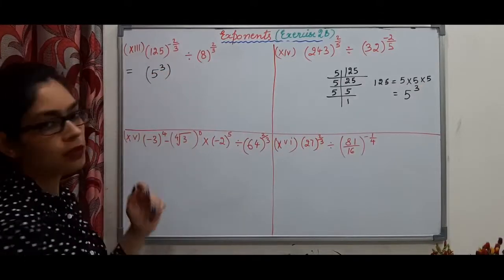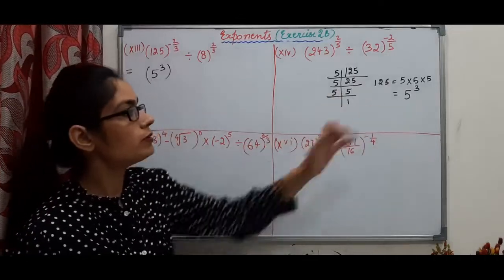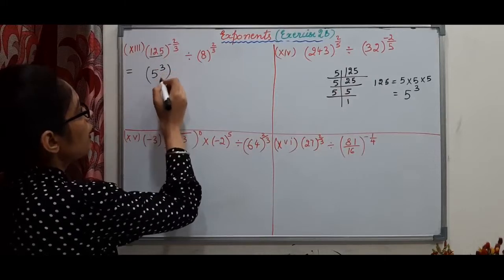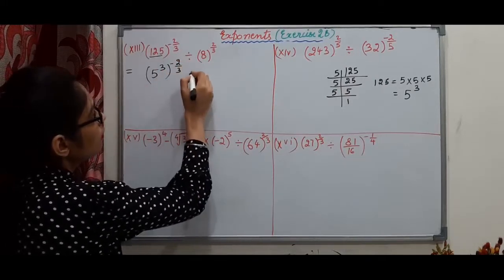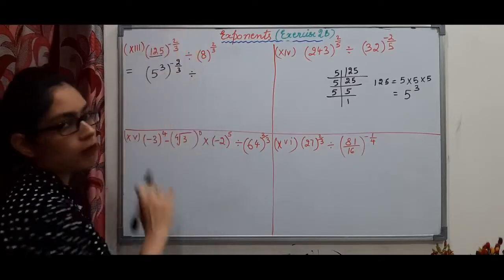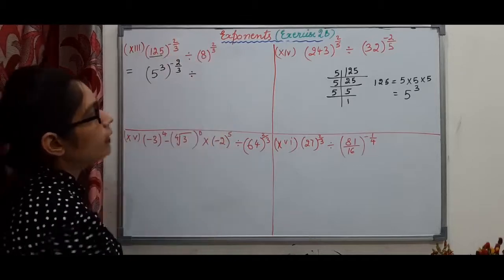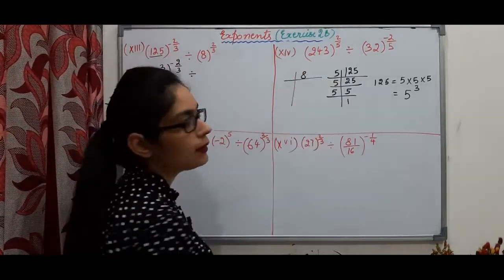I am just substituting its exponential form. So here I have written 5 to the power 3 whole power 2 by 3. See, with this power don't make any change, only with this number write this way. 8 also, let's try to write into its exponential form. 8 is a multiple of 2.